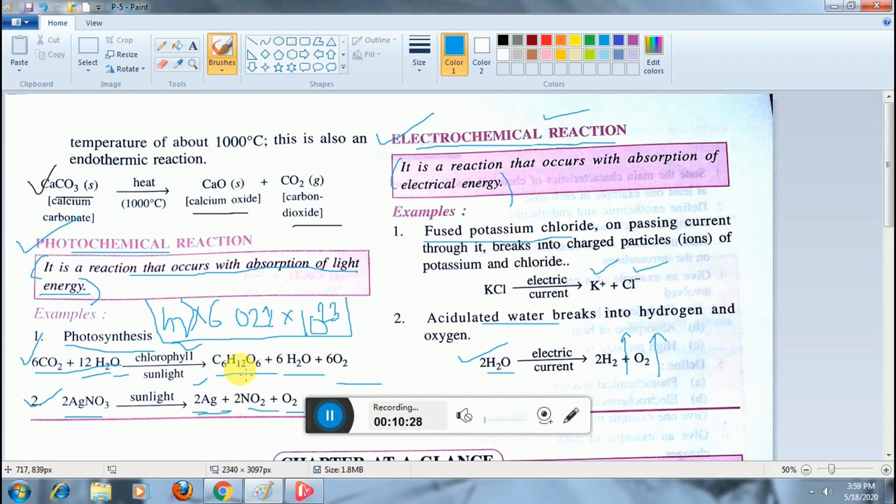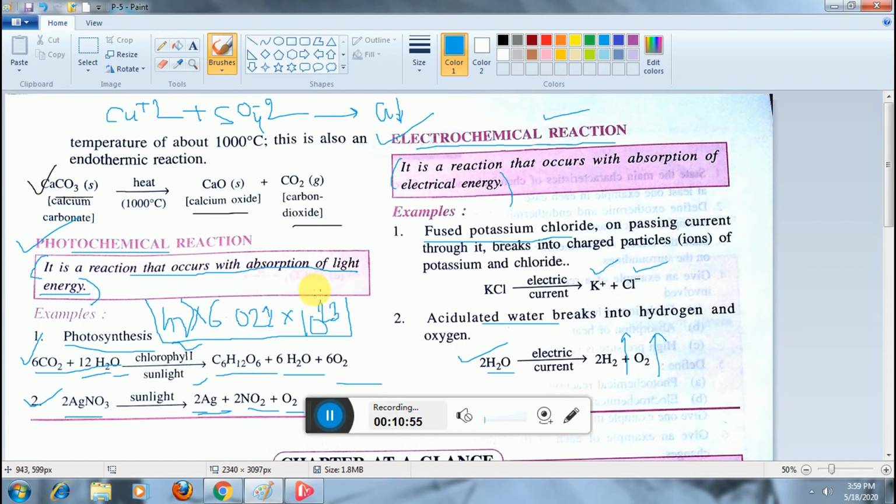Similarly, a solution of copper sulfate, which contains Cu2+ and SO4 2-, the two basic components of copper sulfate, when electrolyzed, deposits copper at the cathode.